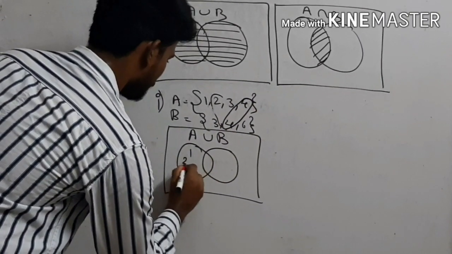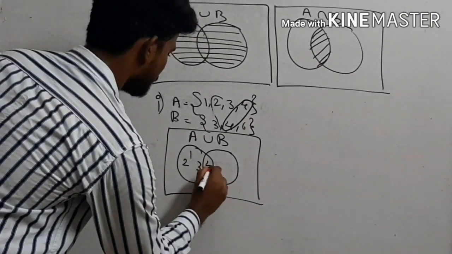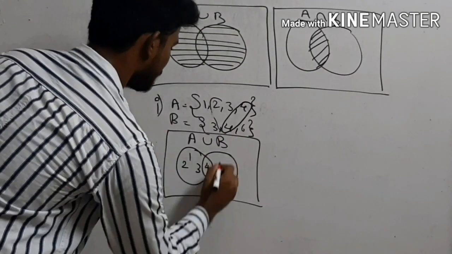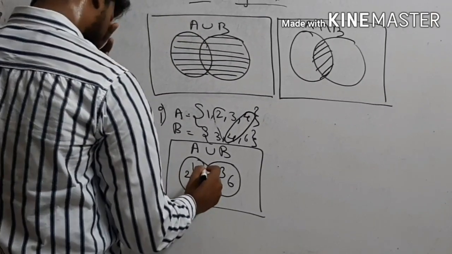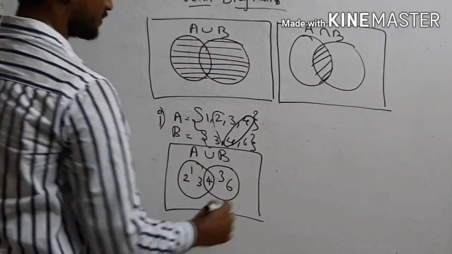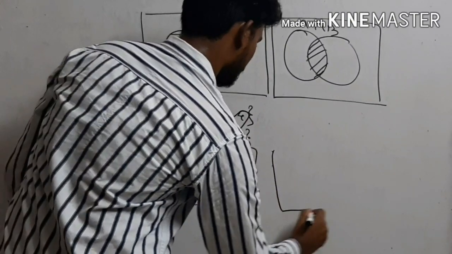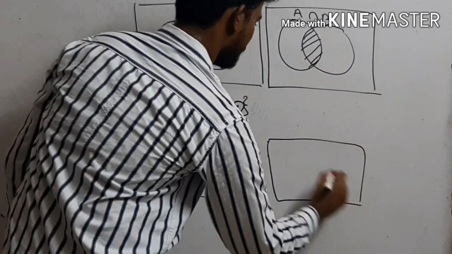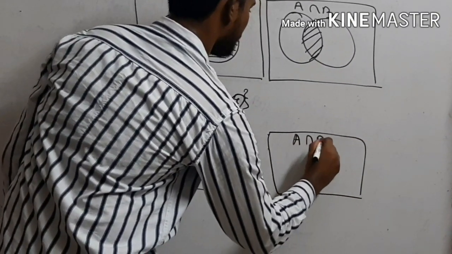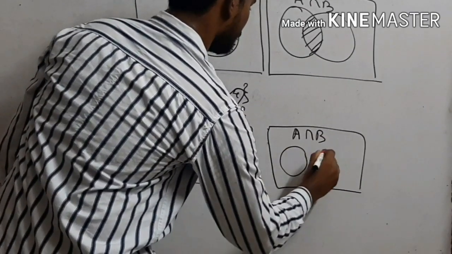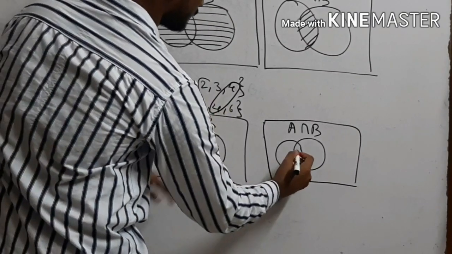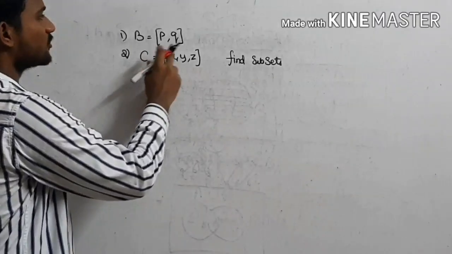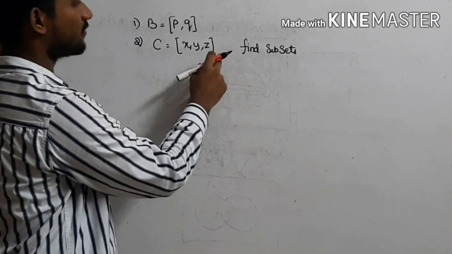So we can write 1, 2 in A only, 3, 4 in the intersection, and 6 in B only. For the union part, we write all the elements. For the intersection part, A intersection B, we write only the common elements of A and B, that is 3, 4.